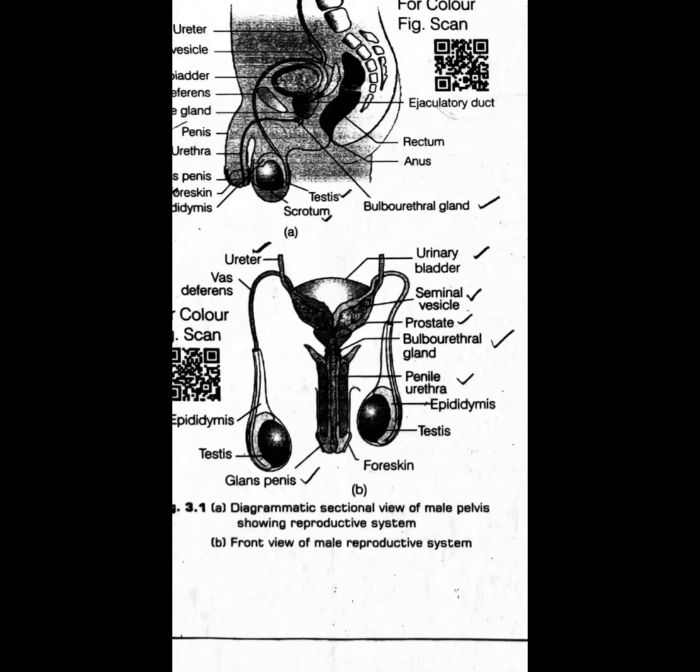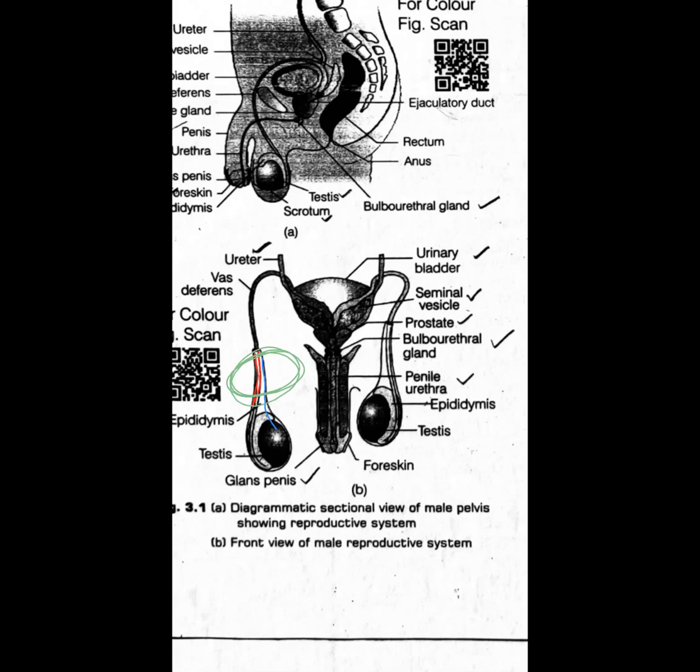Where the vas deferens is ascending, you can correlate the concept we studied in the testis. We studied the spermatic cords. The spermatic cord is going to suspend the testis outside the abdomen, and this canal is called the inguinal canal.